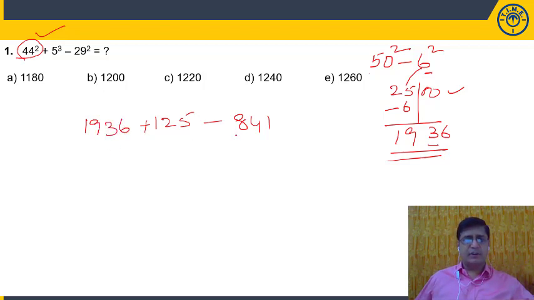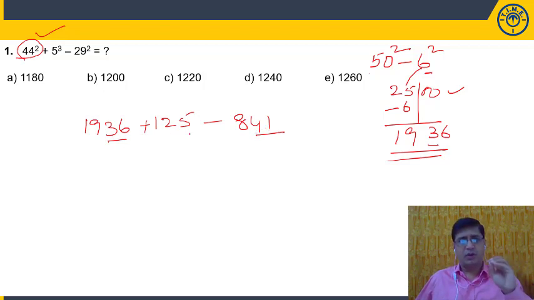Now look at the sum of these values, which is the answer. Addition or subtraction, you are supposed to do just by using the 2 digits. 2 digit addition, 2 digit subtraction, you need to practice a lot. Now look at this one, 36 and 41. Here 41 is a negative value, so minus 41 plus 36. So 36 and 41, the difference is 5.